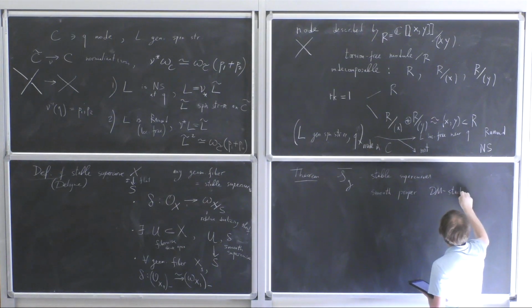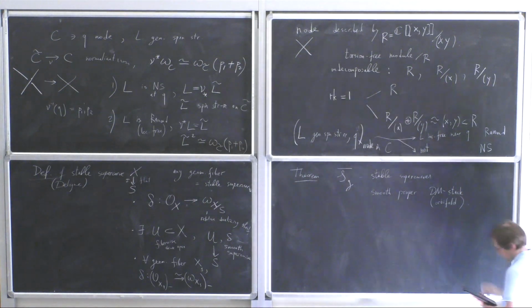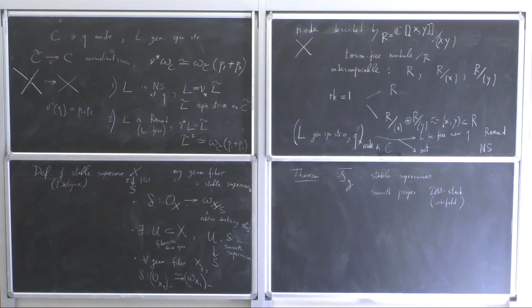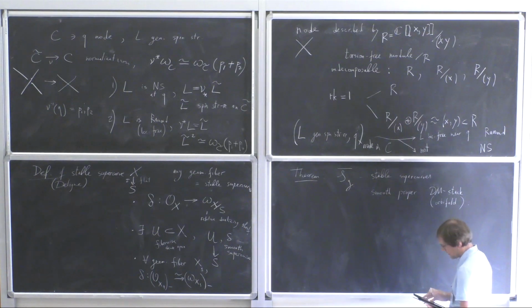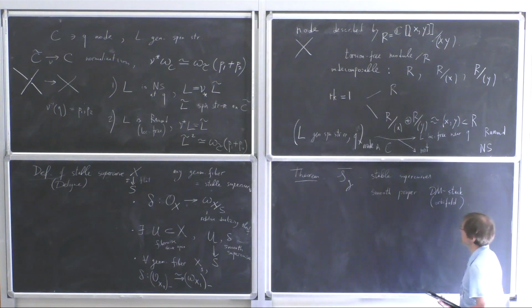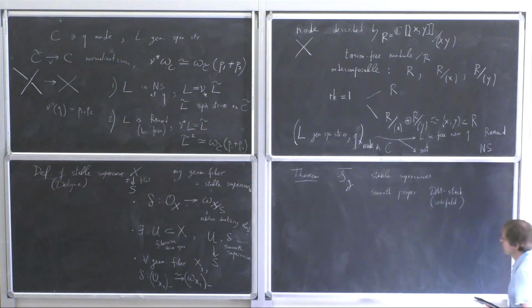I think this is also known as an orbifold. It's almost as good as the usual smooth proper variety, but the stackiness has to do with the fact that we have to take into account automorphisms.